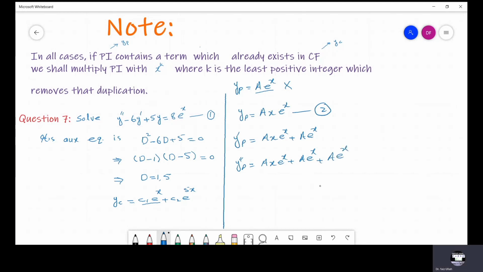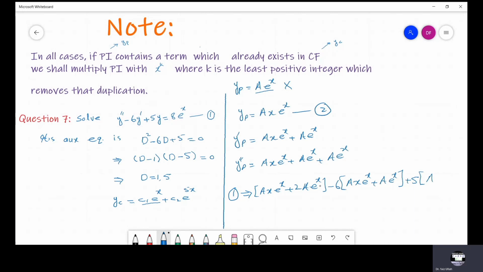Let us put these values in equation number 1. So we have y double dash, the value of y double dash is ax e power x plus 2a e power x, minus 6, the value of y dash, which is equal to ax e power x plus a e power x, plus 5y.